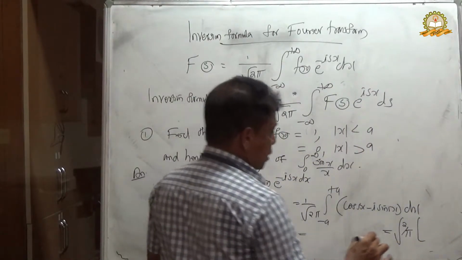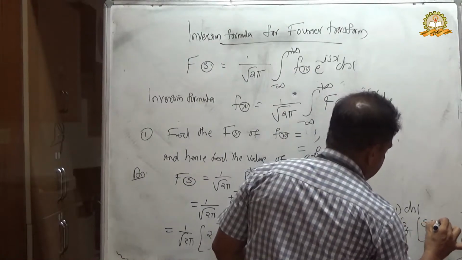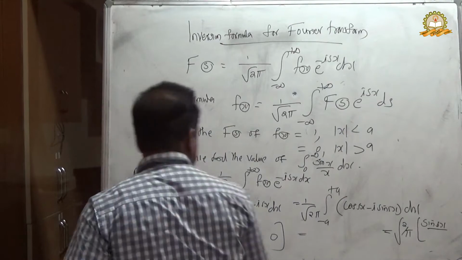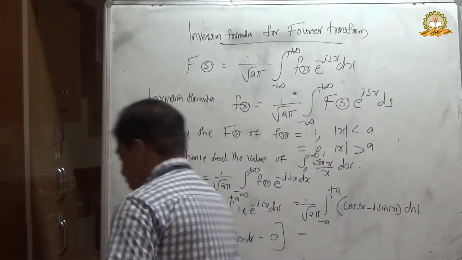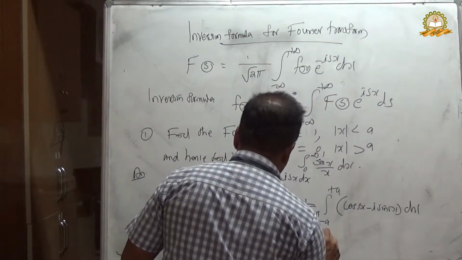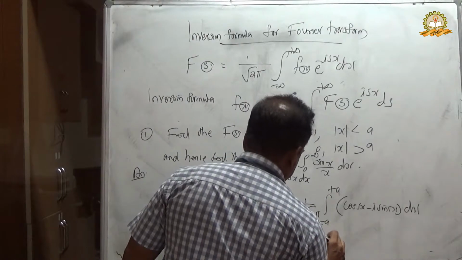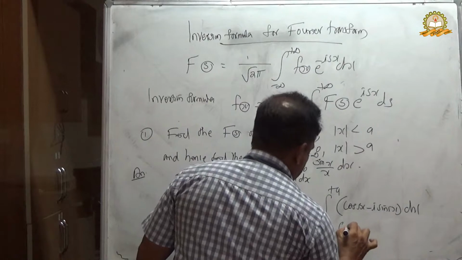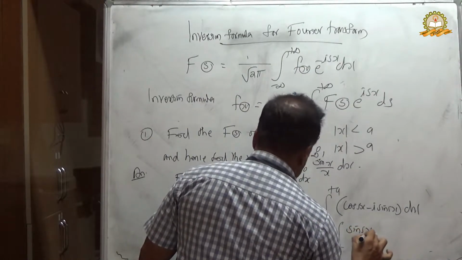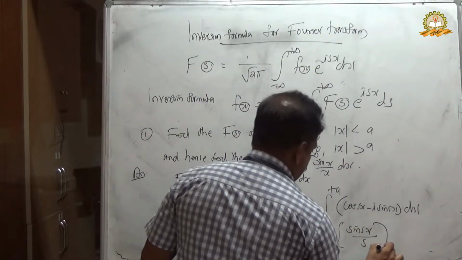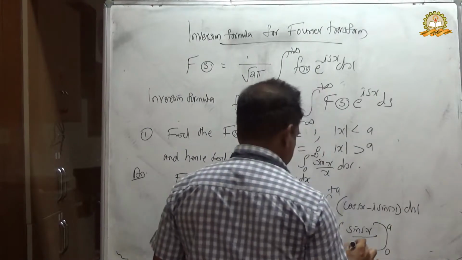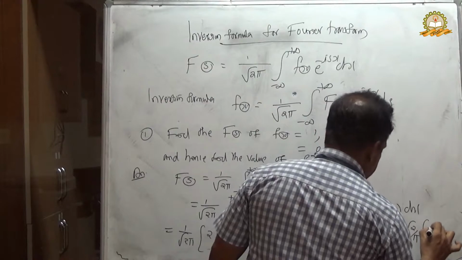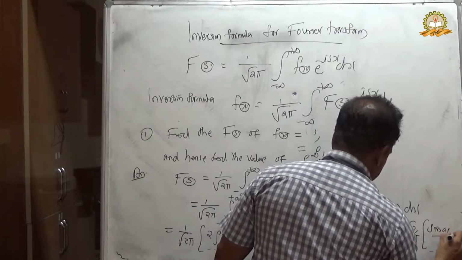Then cos sx integrated gives sin sx by s, so root of 2 by pi sin sx by s from 0 to a, that is root of 2 by pi sin as by s.